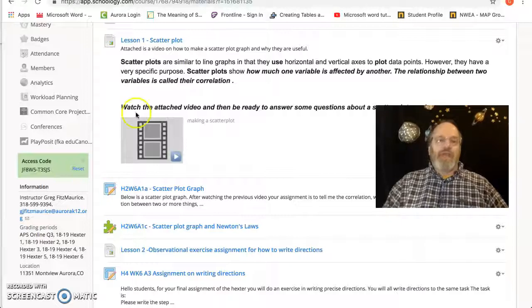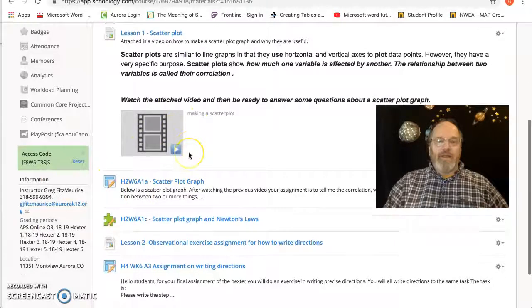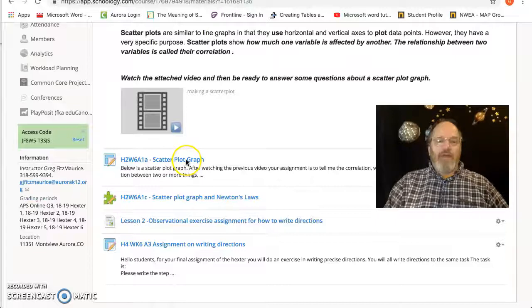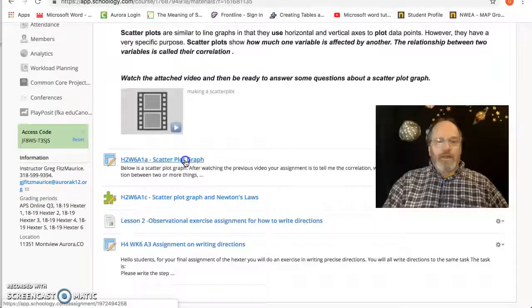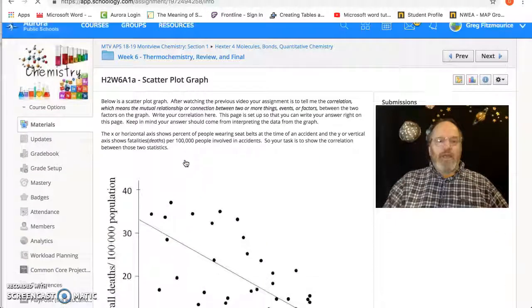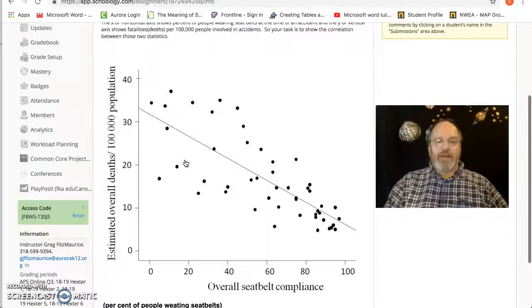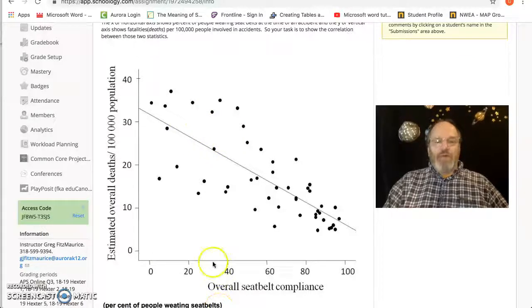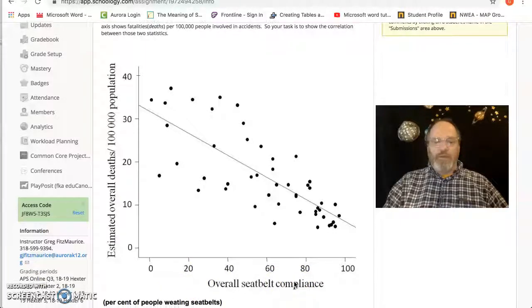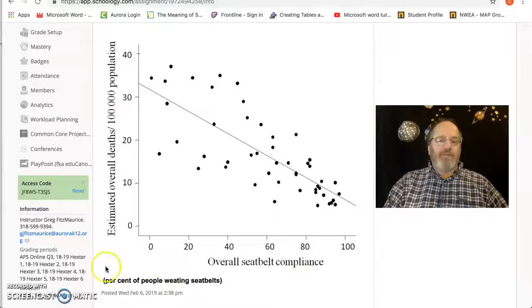Okay, so scatter plot. This is a video on what scatter plot graphs are all about. So watch that to help you. Then there is a scatter plot graph that I have listed here, and scatter plots are where you have two factors that have a correlation. This is overall seatbelt compliance, which just simply means percent of people wearing seatbelts, versus the estimated overall deaths.